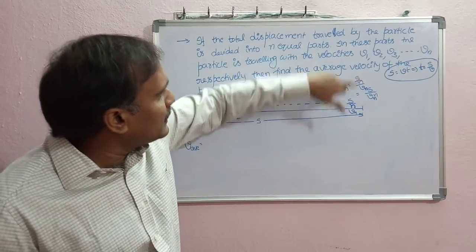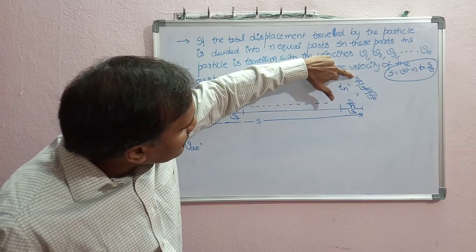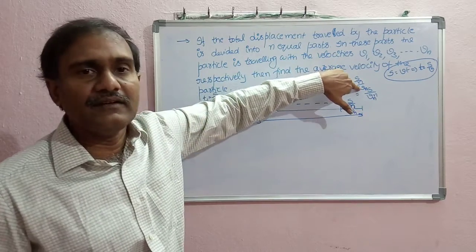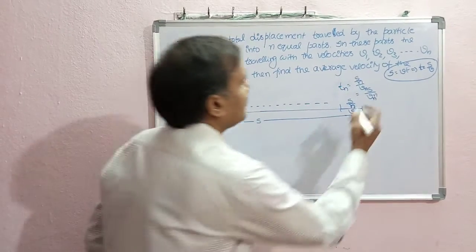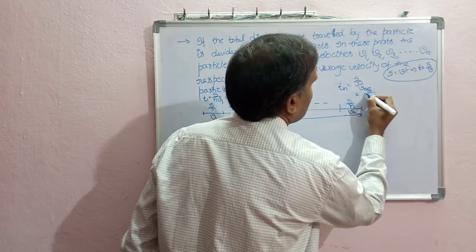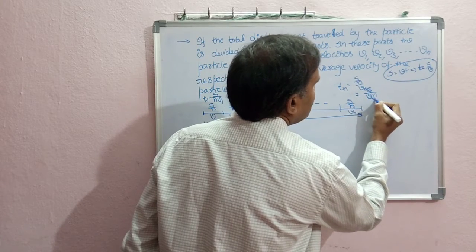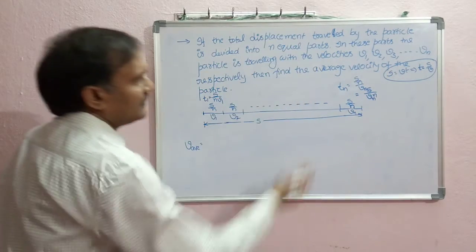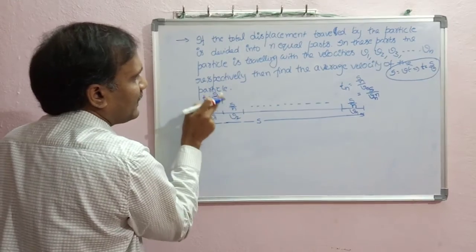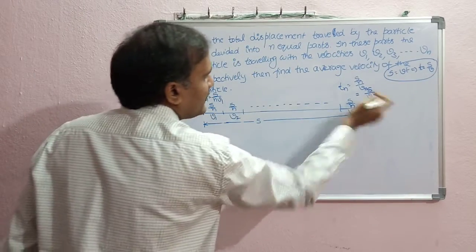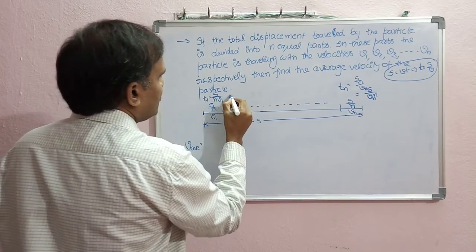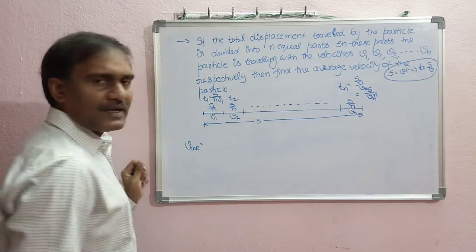Tn is equal to S by V, S by N divided by Vn, that is equal to S divided by Vn into N. Similarly, S divided by V1 into N. Next, T2 is equal to how much?